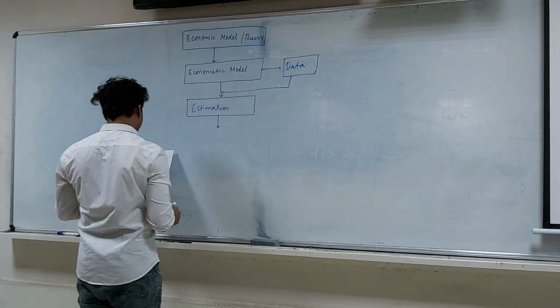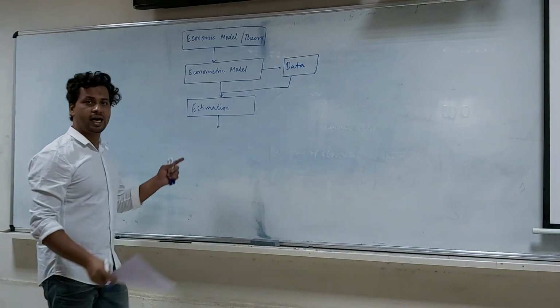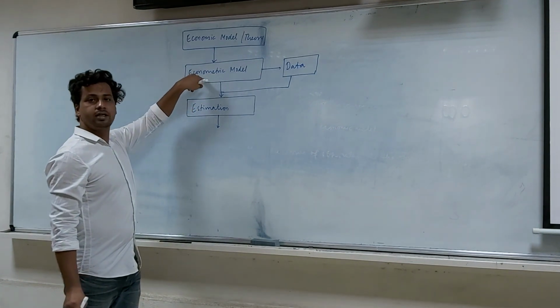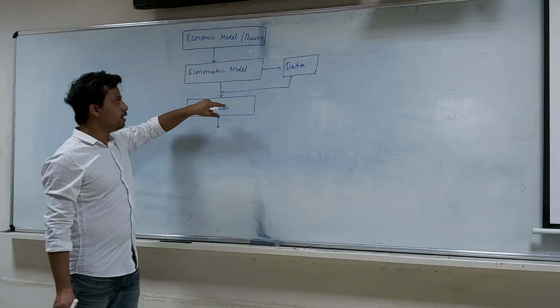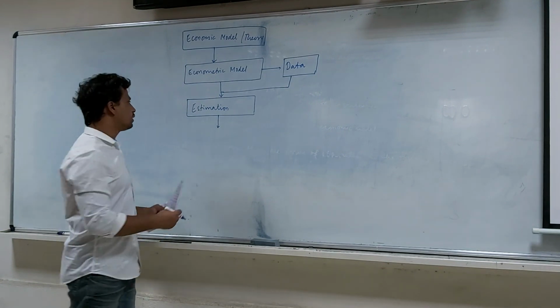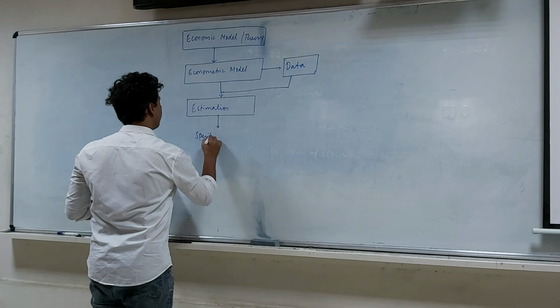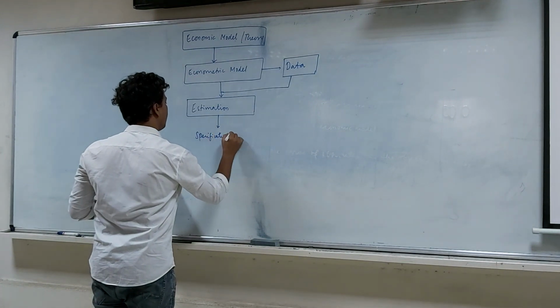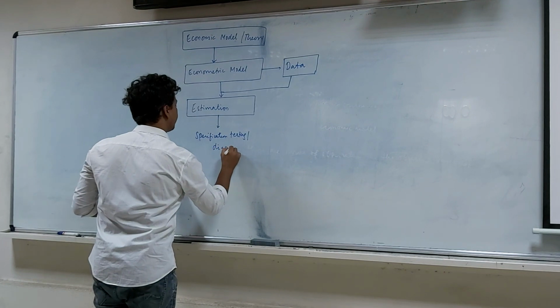The fourth thing will be your specification testing or diagnostic checking. That is, you check whether the econometric model defined on the economic model is correctly specified, whether the functional form of the equation is correctly specified or not. So that's the fourth step. So I write it as specification testing or diagnostic check.